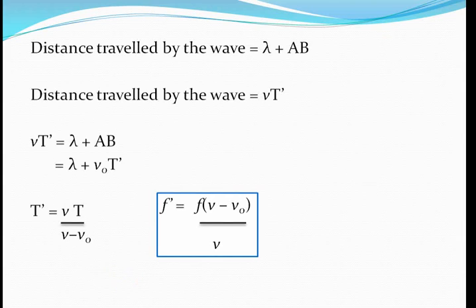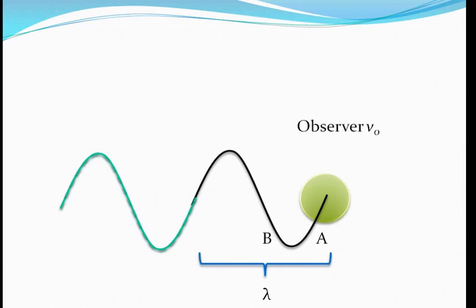Now what will happen if the observer is moving towards the source? Let's derive an expression for the frequency that the observer will detect when he is moving towards the source. In this case too, let's assume that in time t dash, the apparent time period, the observer is moving from A to B in such a way that this one black wave will pass through him when he reaches B. So when he reaches B, he'll just start to receive the green wave.